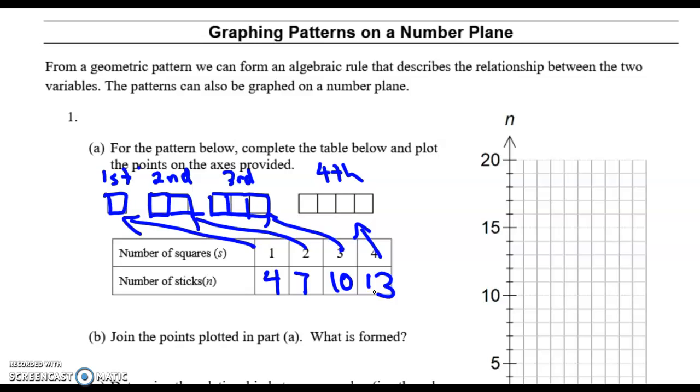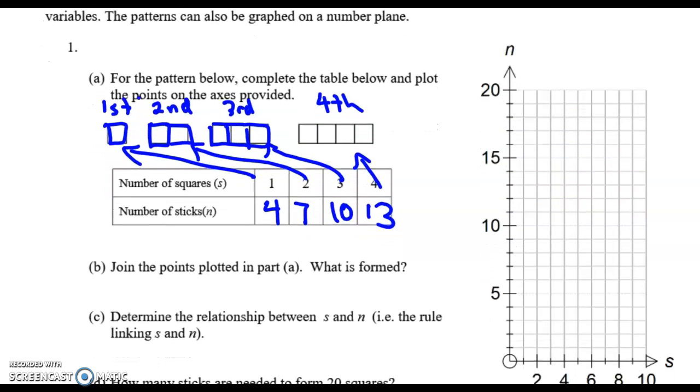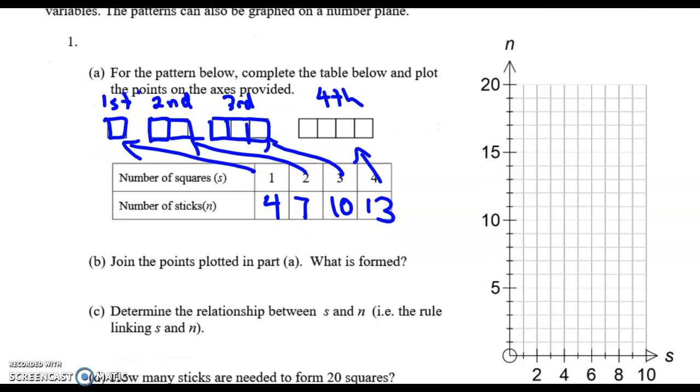Okay, so now we've got to plot these on the axis. We're going to see what we get. We'll get (1, 4), (2, 7), (3, 10), (4, 13). Hopefully you can see that there.